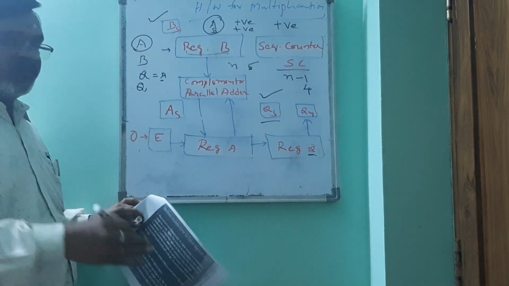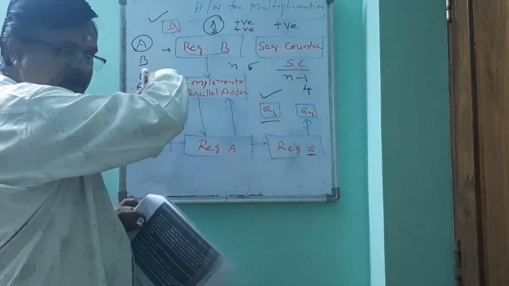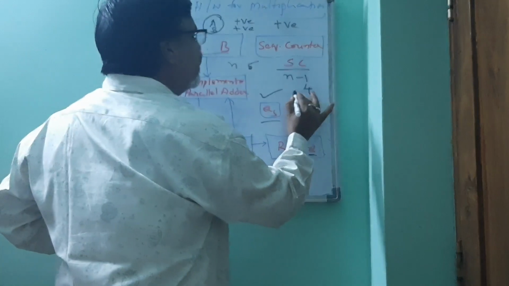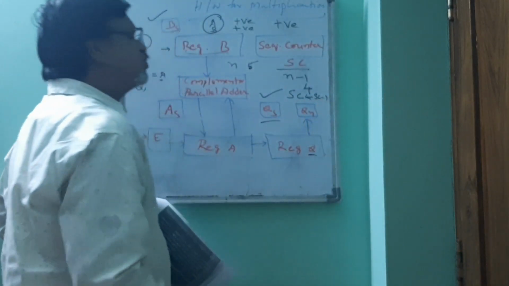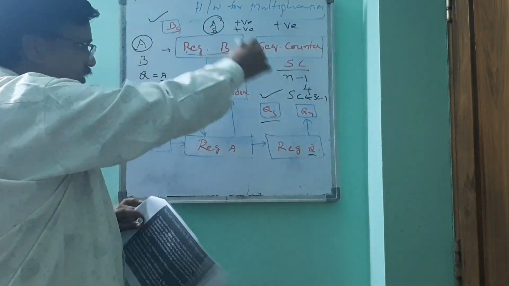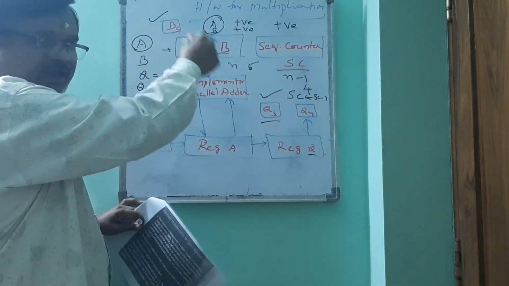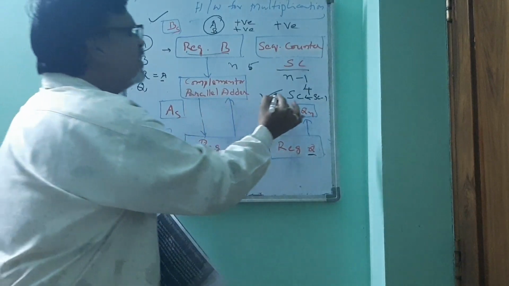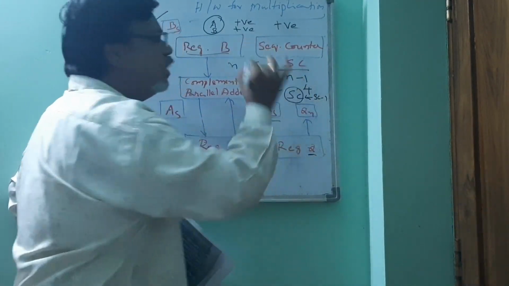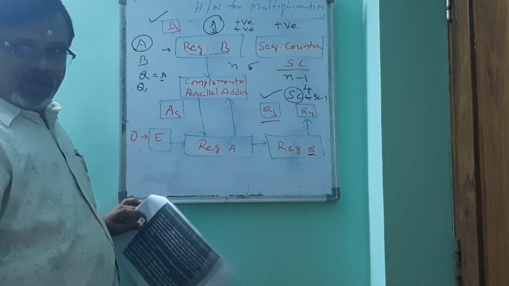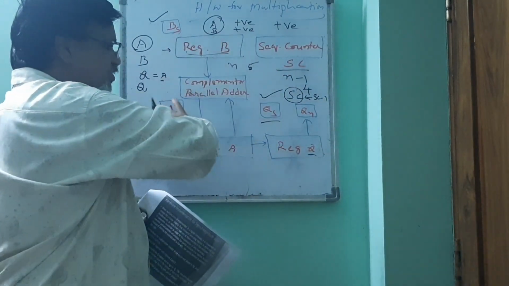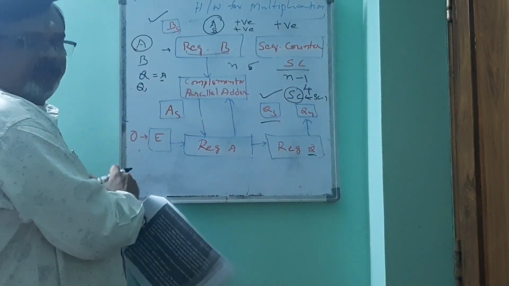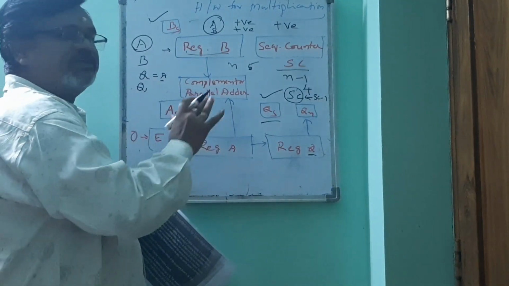Each time this process is done, the sequence counter will be decremented by 1. So this process of adding and shifting left will be executed till the sequence counter value becomes 0.